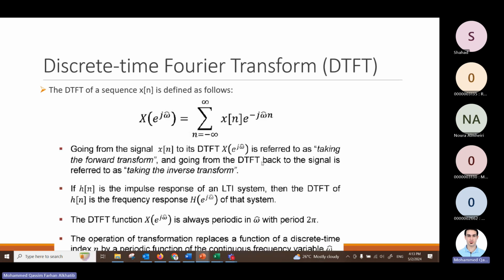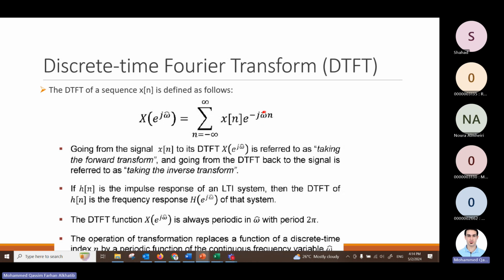So, introduction to DTFT. The formula, if you look at it, X of e to the power j omega equals the summation from negative infinity to infinity of x of n e to the power minus j omega n.